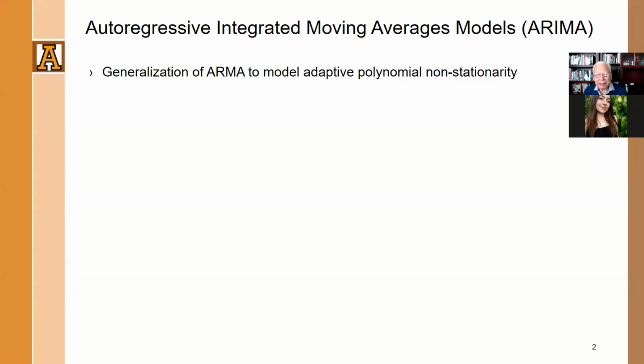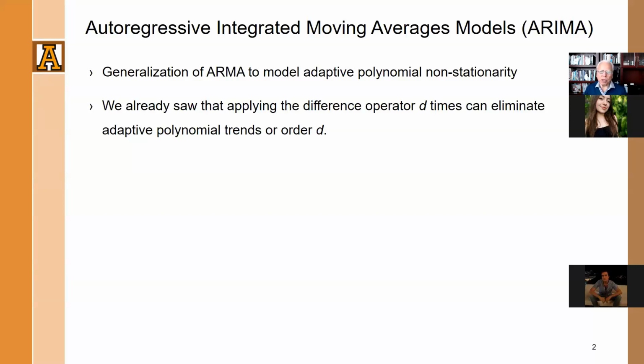It lets ARMA handle what we talked about earlier, which we called adaptive polynomial non-stationarity. So when we have non-stationarity due to an adaptive type polynomial, it can be linear, could be quadratic, whatever. The way to deal with those series is to take a difference or take two differences.